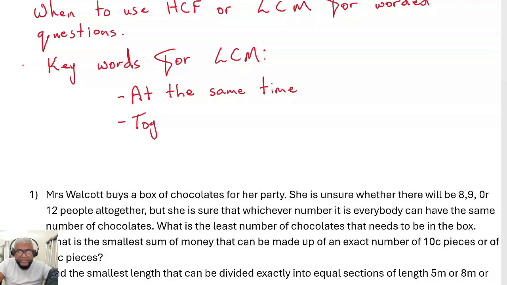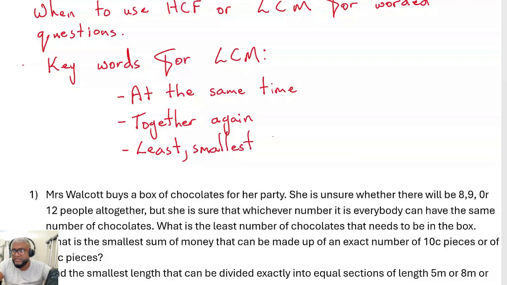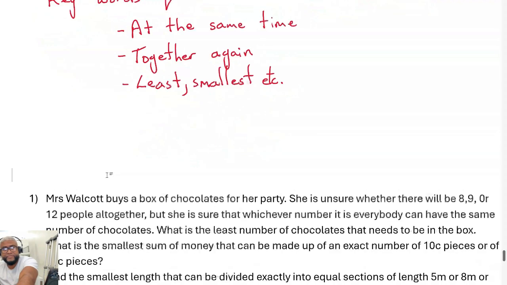If you see together, again, LCM, right? Anytime you see any of these keywords, right? If you see least, smallest, right, etc., any of these type of words, that implies LCM.